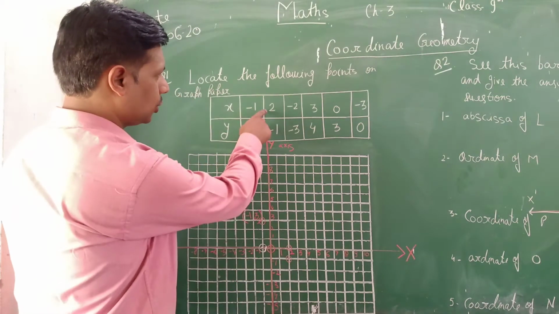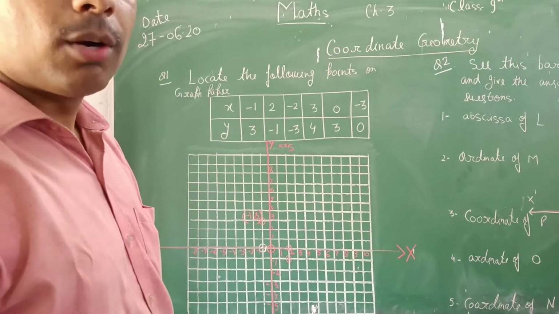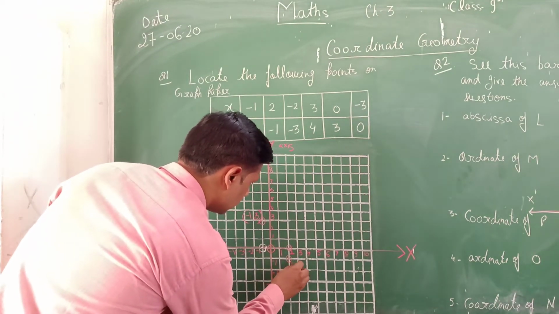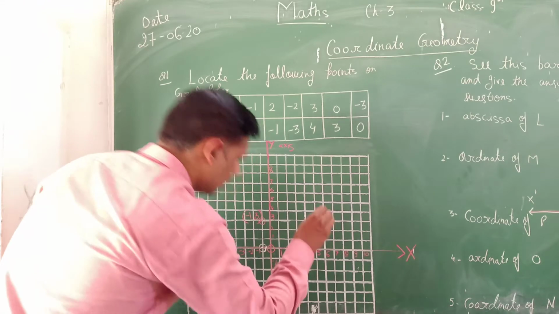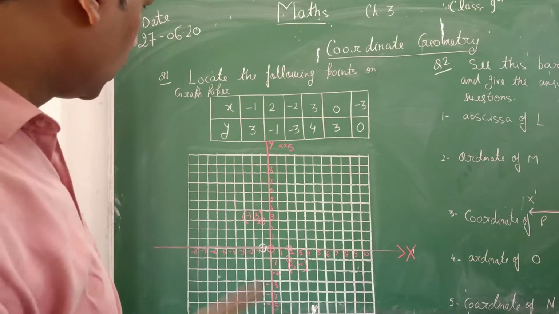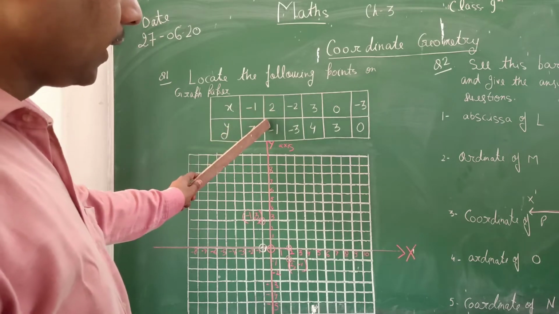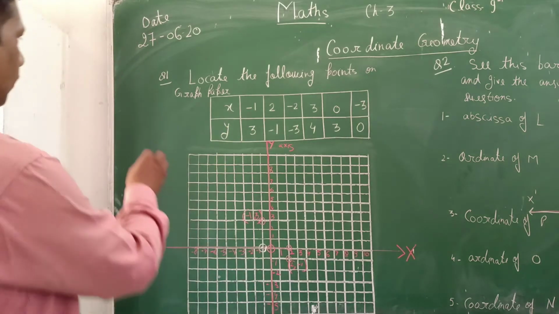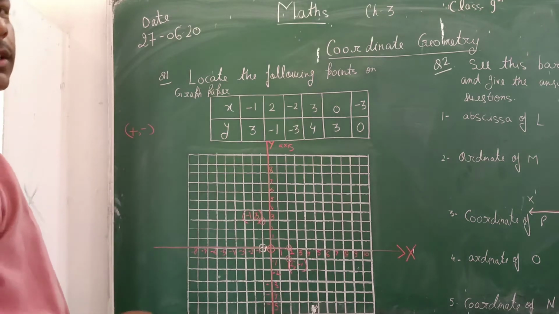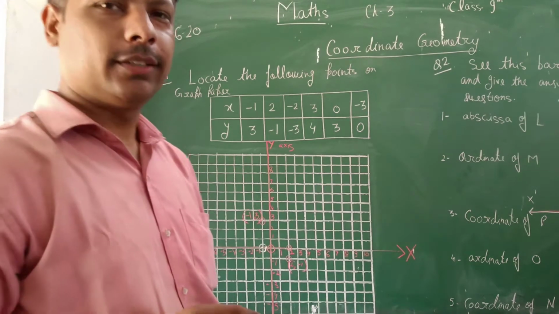So the position of (2, -1) is in quadrant number 4. You can check it also: positive and negative lies in the 4th quadrant.